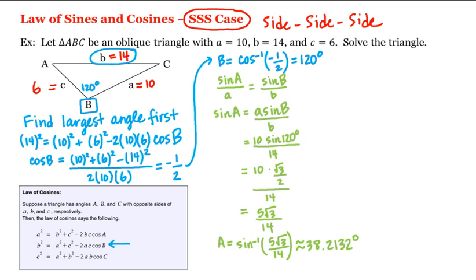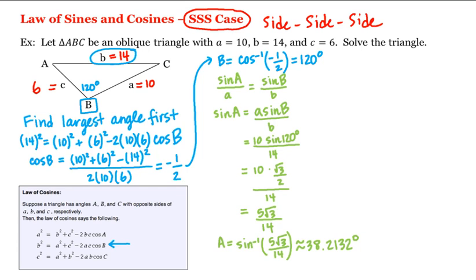Now there is another angle A that is less than 180 degrees, whose sine is equal to this 5 square root of 3 over 14, and therefore can be a candidate for an angle in a triangle. Namely, 180 degrees minus this 38.2132. However, that angle would be obtuse.